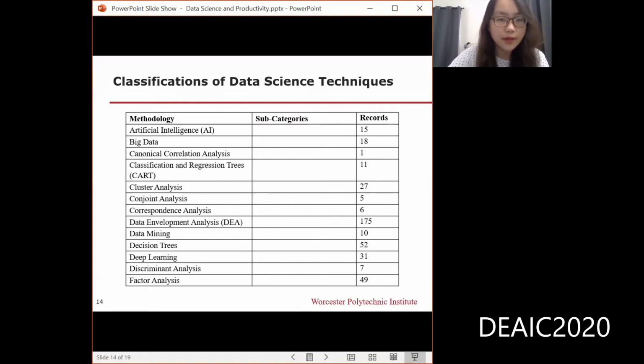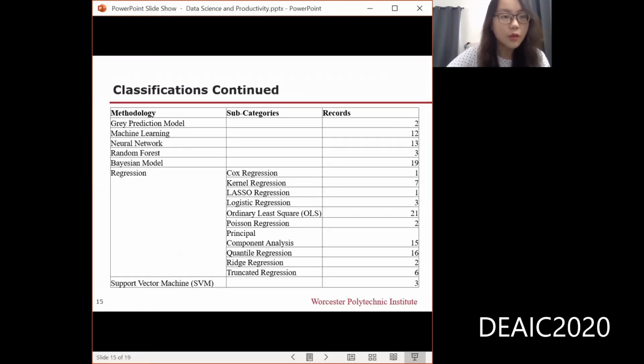And then we have big data. 18 articles used big data, canonical correlation analysis, classification and regression trees, cluster analysis, conjoint analysis, correspondence analysis, data envelopment analysis, data mining, decision trees, deep learning, discriminant analysis, and factor analysis. We also have gray prediction model, machine learning, neural network, random forest, Bayesian model.